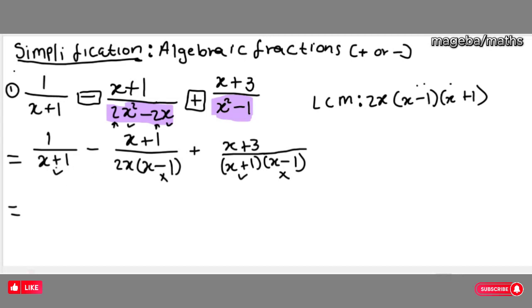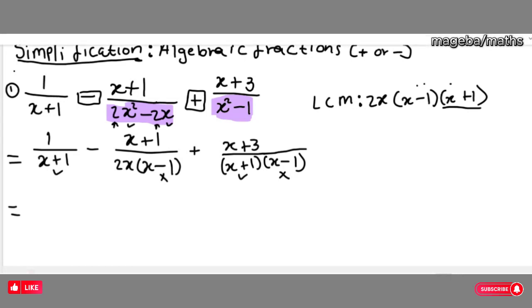same. So here I do have x plus 1, this is my x plus 1. So I'm going to times this fraction with something that I don't have, which is this 2x into x minus 1. So I'm going to times it with the numerator. I'm going to also times it with my denominator.